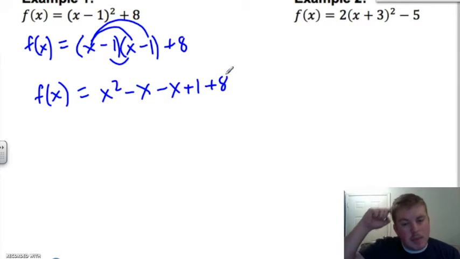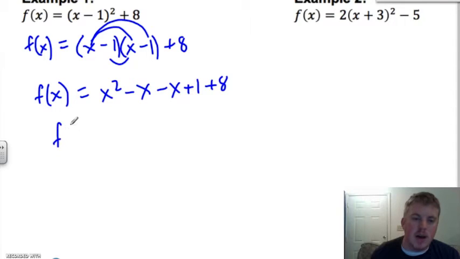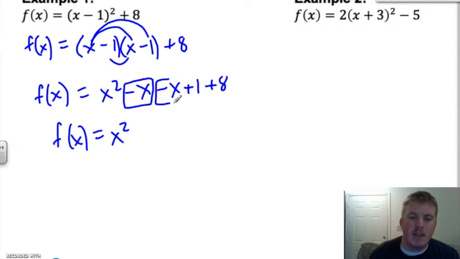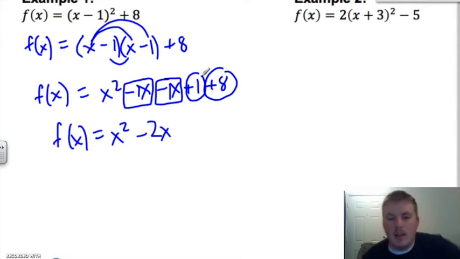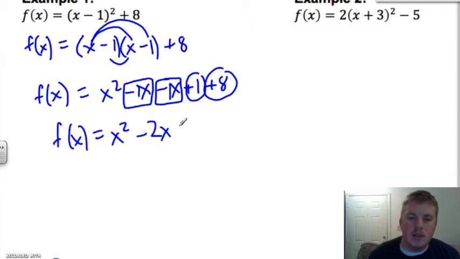So our last step that we're going to have to do on this is to combine like terms. We only have the 1x squared. We do have a pair of negative x's, which is a negative 1x and a negative 1x, which is going to give us a negative 2x. And then I have a positive 1 and a positive 8, which are going to add together to give me 9.